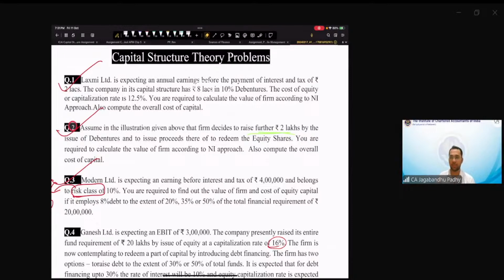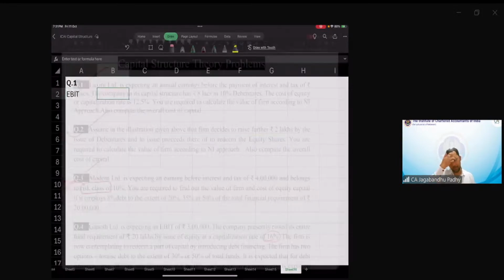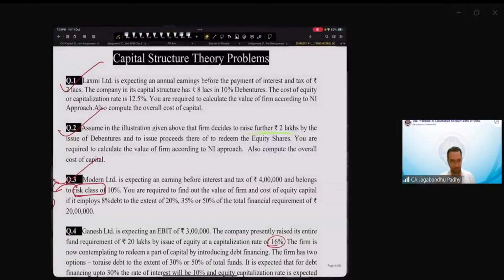First question, everyone. Let's do a few questions here. Lakshmi Limited is expecting annual earnings before payment of interest and tax of 2 lakhs. So this is essentially the EBIT number. Okay, so we have the EBIT. This is question number 1. EBIT of 2 lakhs.